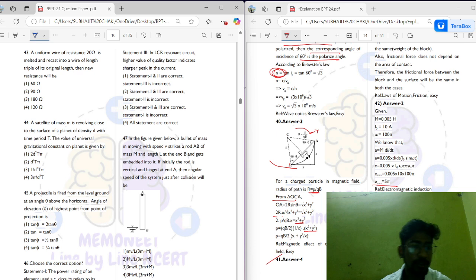As we know, R is proportional to rho into L by A, so rho into L square by V. Here rho and V are both constant, therefore R is proportional to L square, that means R1 by R2 equals L1 square by L2 square. So R1 by R2 is L1 by L2, means 1 by 3 whole square, that is 1 by 9.